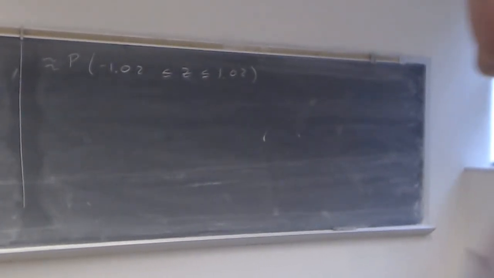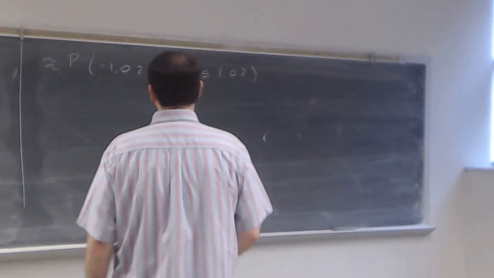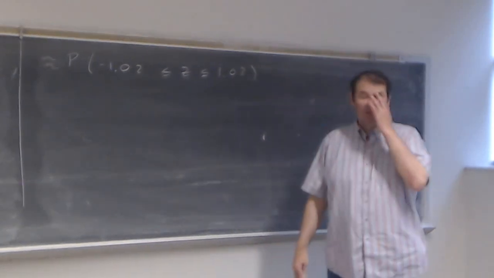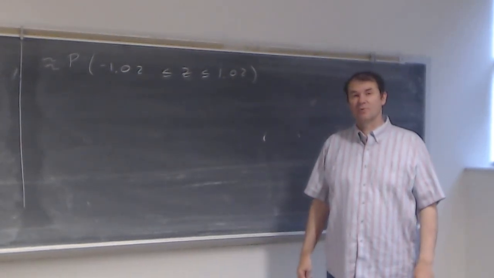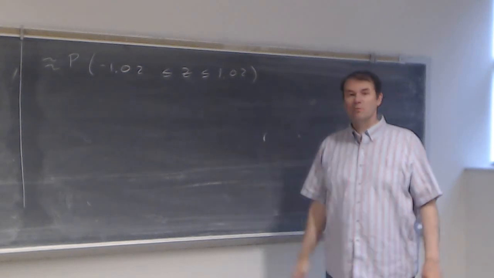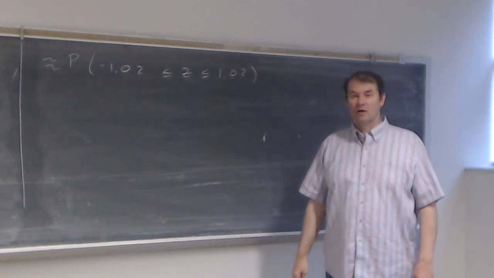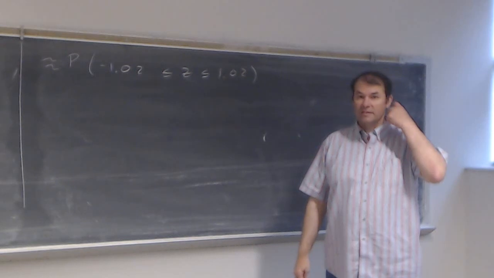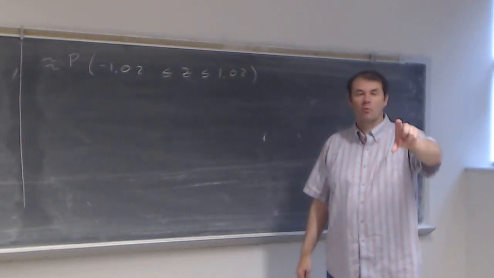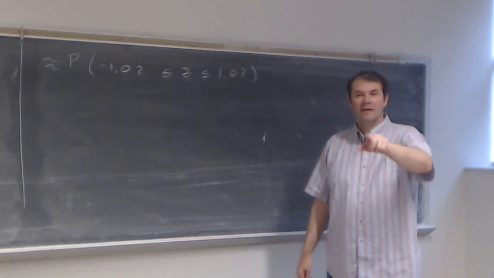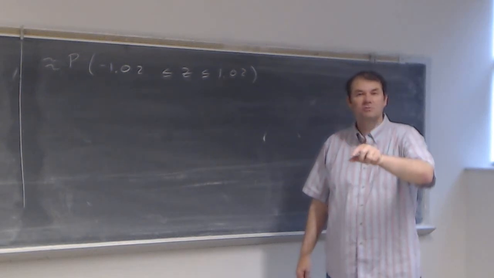Now, I haven't done this before, but one of the main things in statistics class, probability class, is how do we work with the CDF of a standard normally distributed random variable. Well, we can't integrate. There isn't a closed form for that, 1 over square root of 2 pi e to the minus z squared over 2 dz.